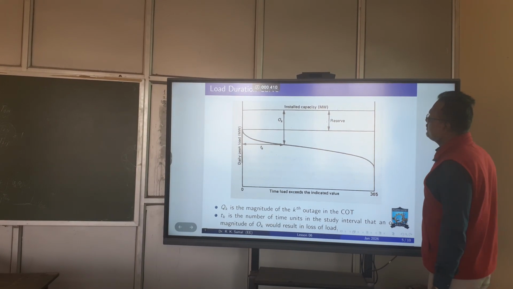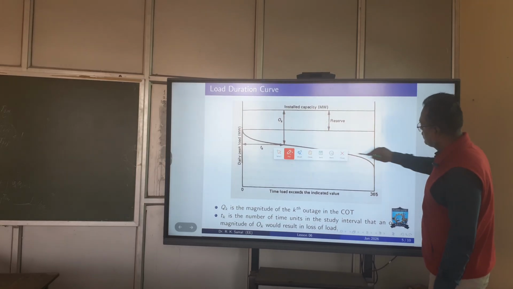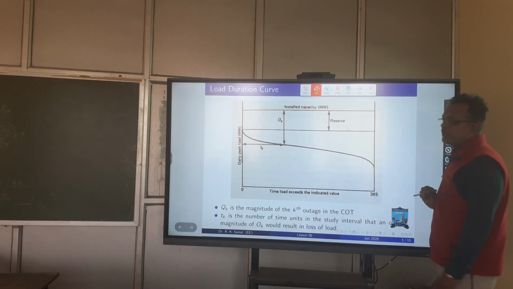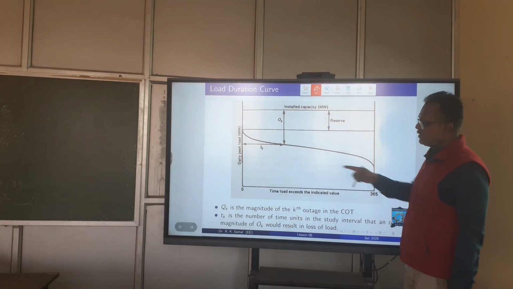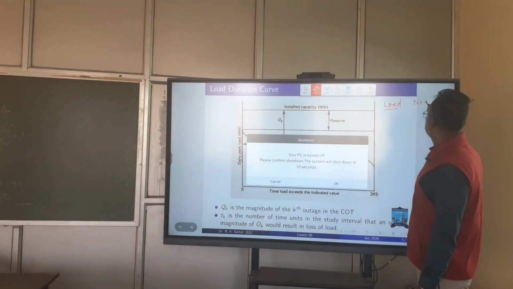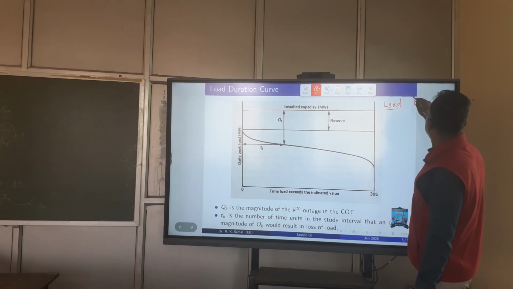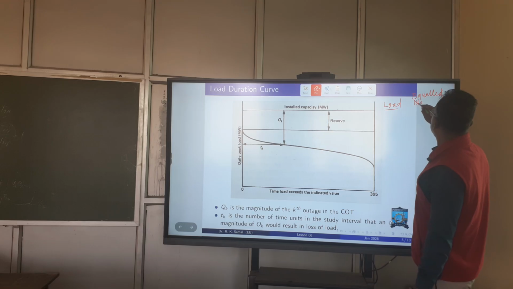Load duration curve means, suppose that was the load. So we write load and number of occurrences equal or exceeded.